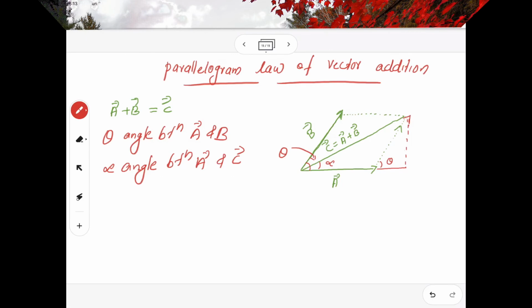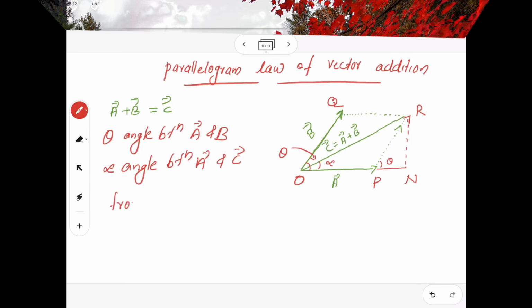Now from the triangle, let me label the points: this is P, this is N, and this is R, and taking this as Q, and this is O. So O, P, Q, R, N. From triangle PNR, actually triangle PNR is a right angle triangle.